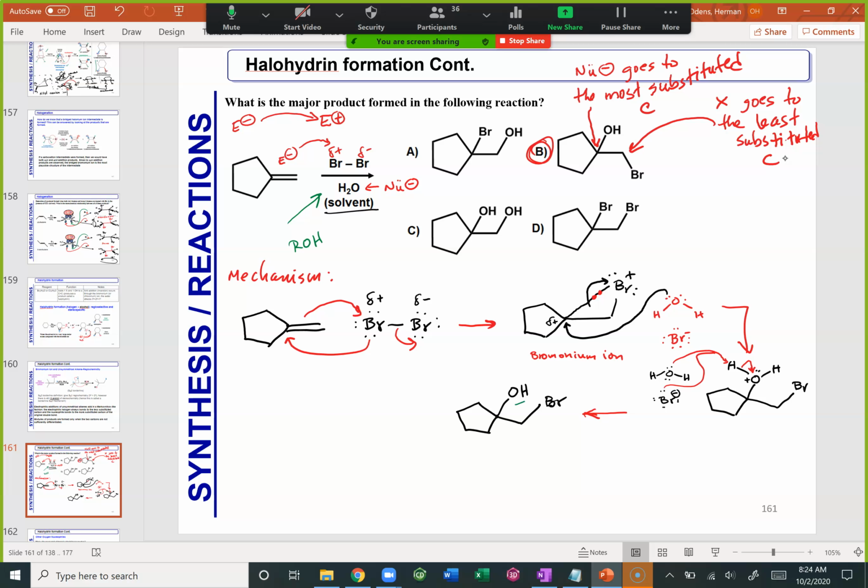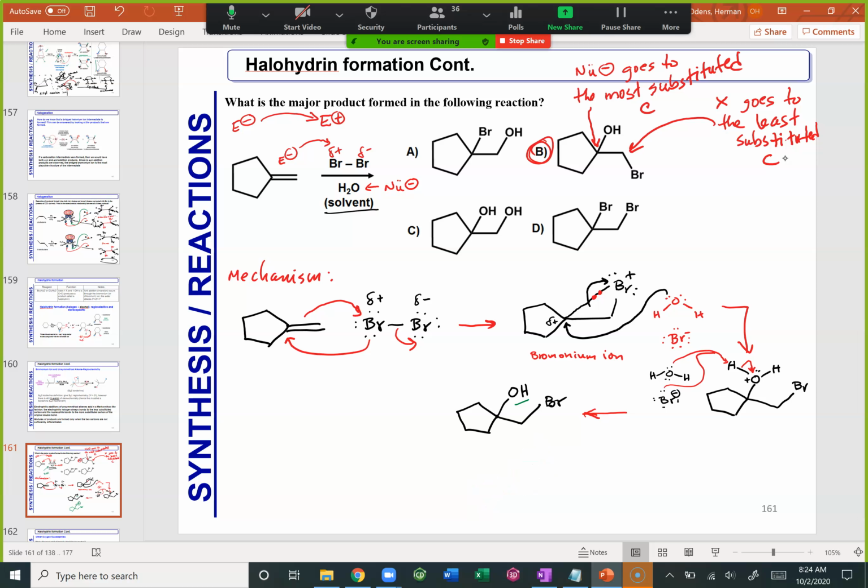If you have water, it ends up with the OH. If you have an alcohol, you're going to end up with the R group here, and the R group could be any amount of carbon. It could be methanol, ethanol, isopropanol. So it'll be the carbon chain of those alcohols. So this is mechanism number 5.